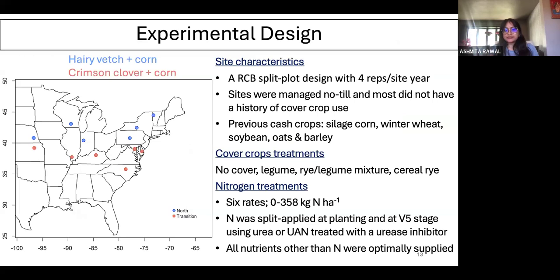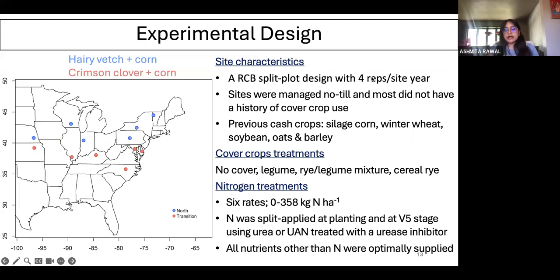So I already mentioned we had 12 sites and there were 3 years, and the design was a randomized complete block split plot design, where our main plot was cover crops split into nitrogen fertilizer rates, and we had 6 nitrogen fertilizer rates starting from 0 to 320 pounds of nitrogen per acre, and there were 4 replications per site.